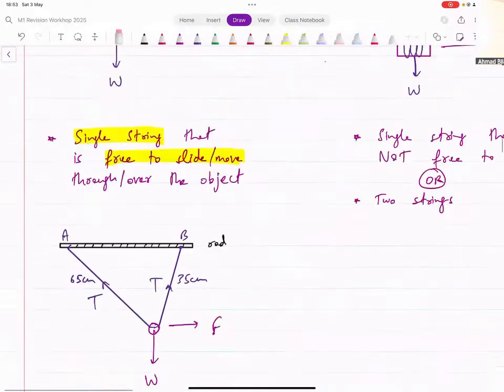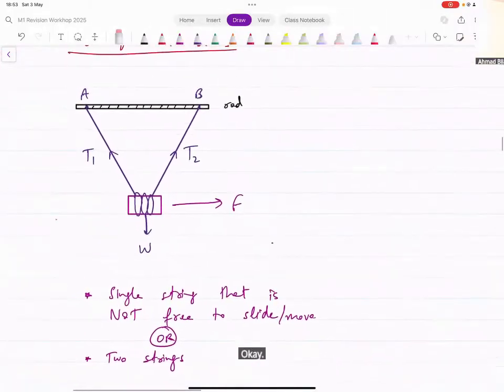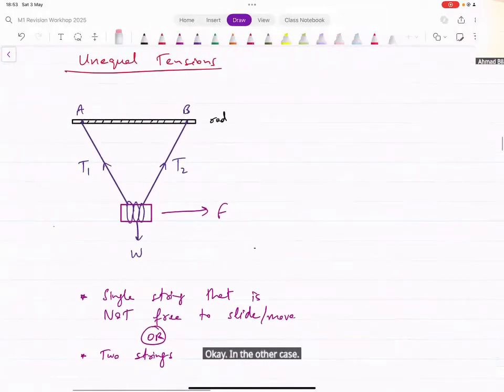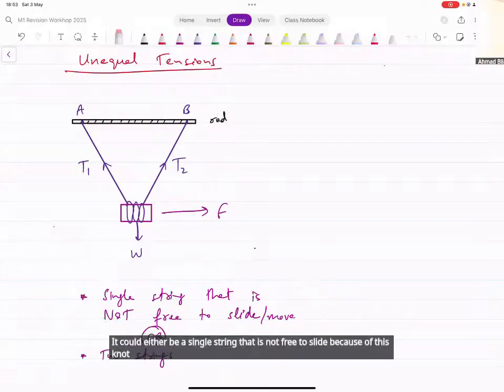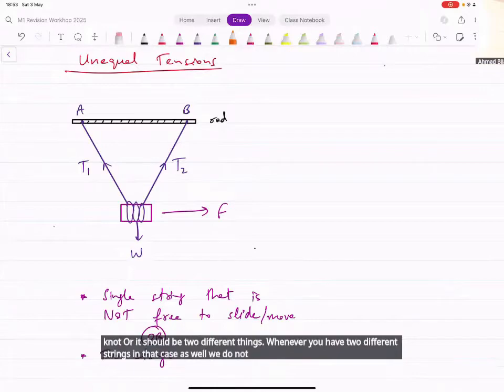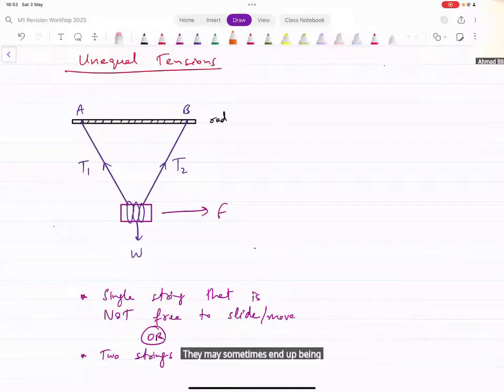In the other case, the tensions are not going to be equal. What's the other case? It could either be a single string that is not free to slide because of a knot, or it could be two different strings. Whenever you have two different strings, we do not assume that the tensions are equal. They may sometimes end up being equal, but we are not going to assume that.